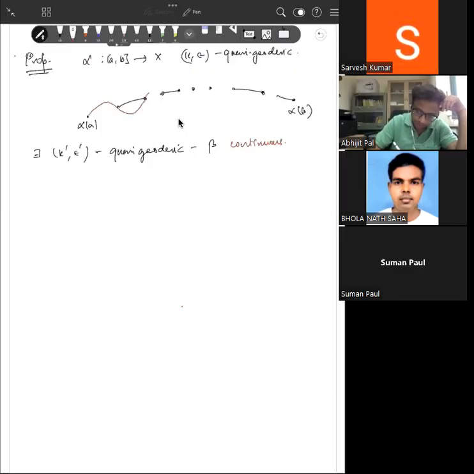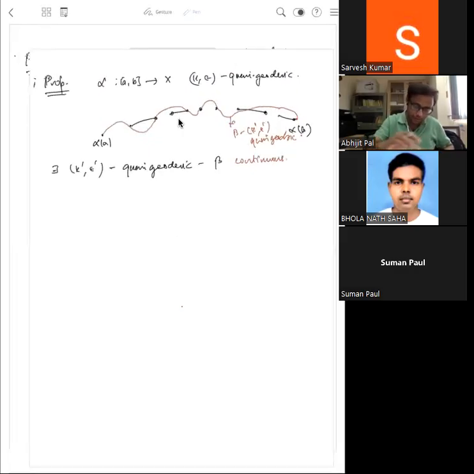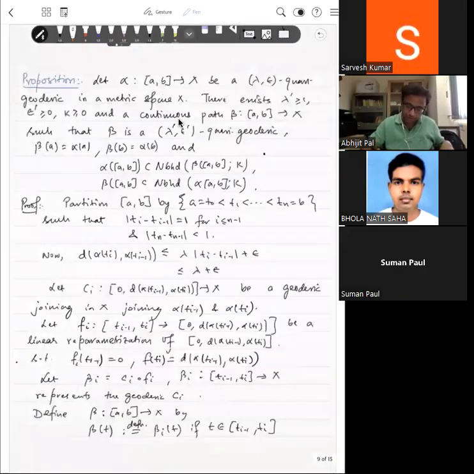It will be in the bounded neighborhood of this quasi-geodesic. Okay, so the proof is not that hard.